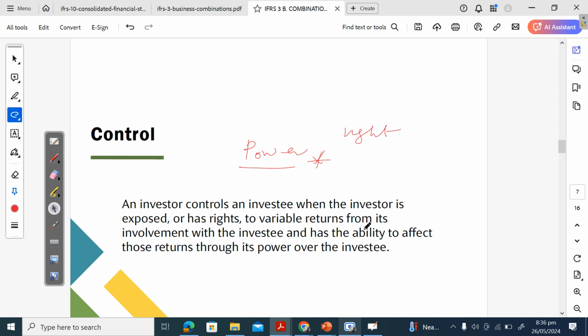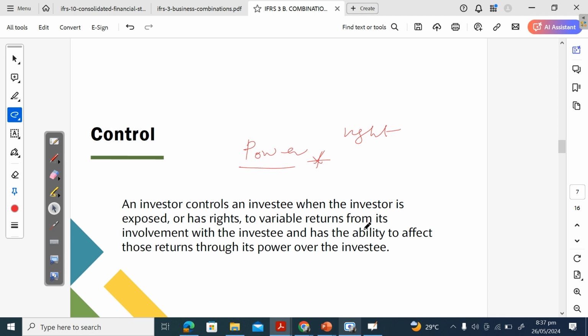And also to have control means you have an ability to influence the performance of the company. That is, you can have power to change key management personnel, propose strategies that the companies should adopt, and do a number of things that can improve the performance of the subsidiary. Okay, so that's what it means to control another entity.